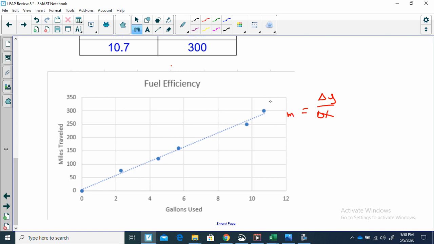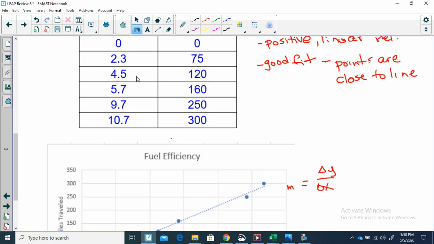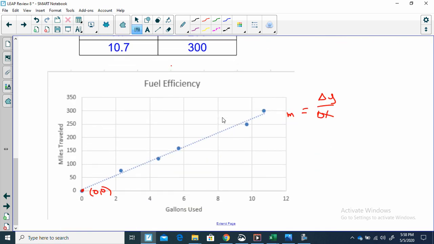So I need to find the slope of this line of best fit. To find the slope, I need to find 2 points that I can get good information on. This point here is at 0, 0. Let's find another point that's close to the line. I'm going to go back up here and see exactly what it was. That was 4.5 and 120. We're going to use that point, 4.5 and 120.